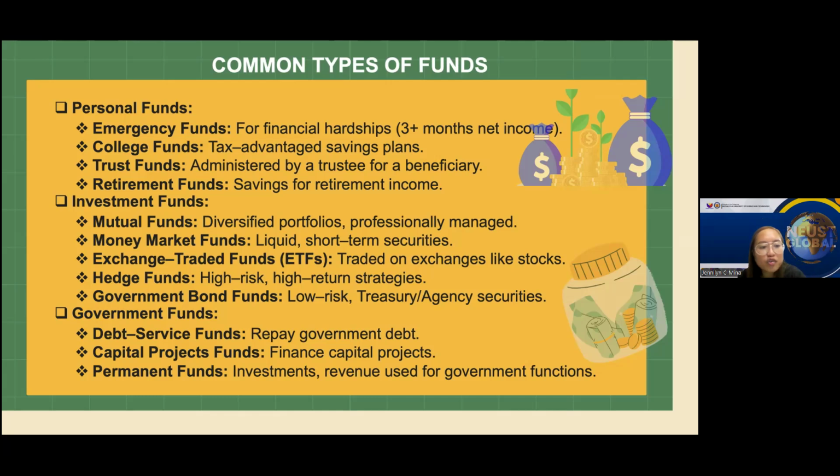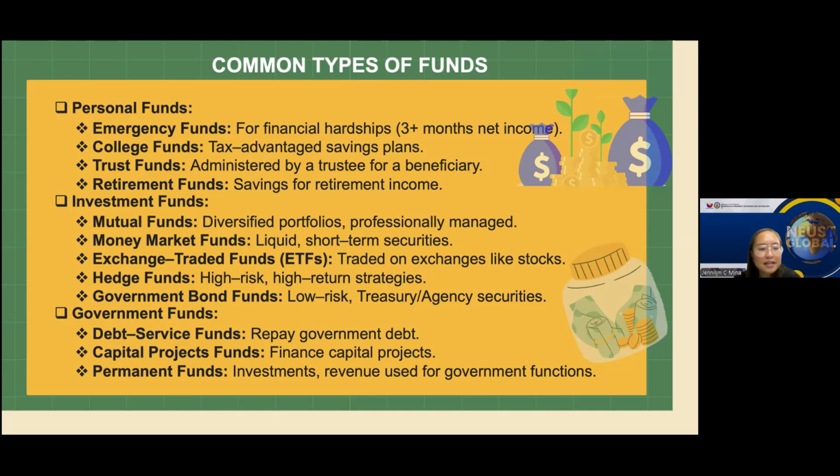An exchange traded fund trades on stock exchanges like regular stocks. Hedge funds are high risk, high return investments for wealthy individuals or institutions. A government bond fund is a low risk investment in government securities like treasury bonds.